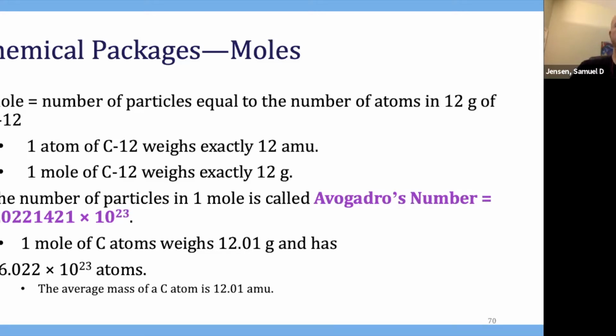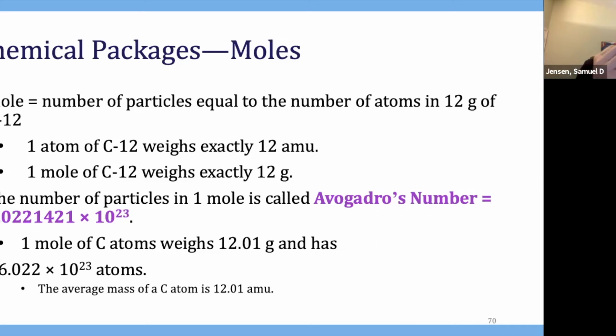To do that, a standard value was used. At different times, chemists argued about what the standard value should be. Eventually, it came down to using carbon as our standard value.